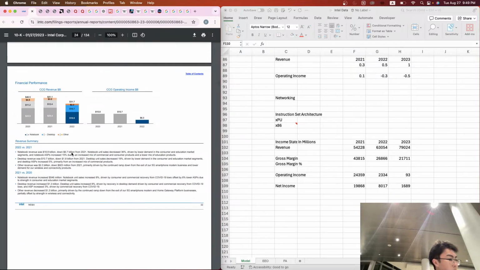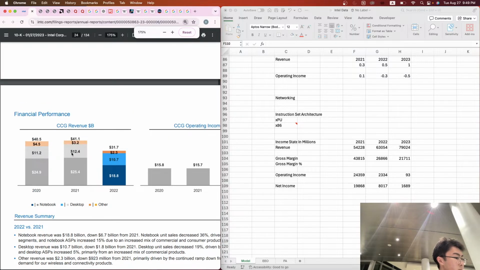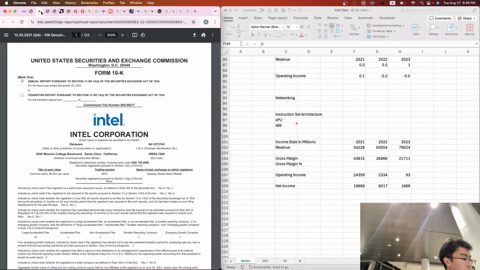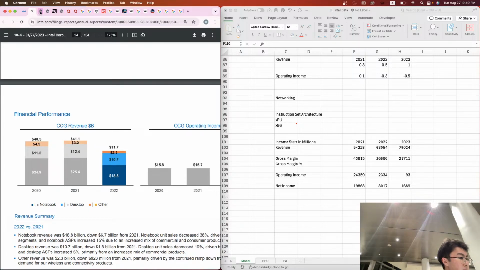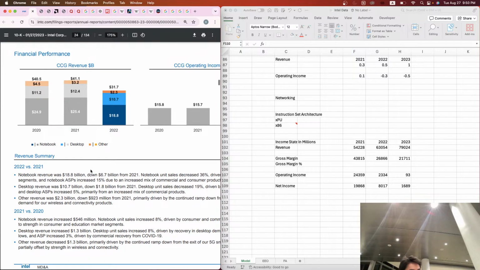Okay, here we go. $41.1 billion. So they added another, a cool $1 billion to 2021.